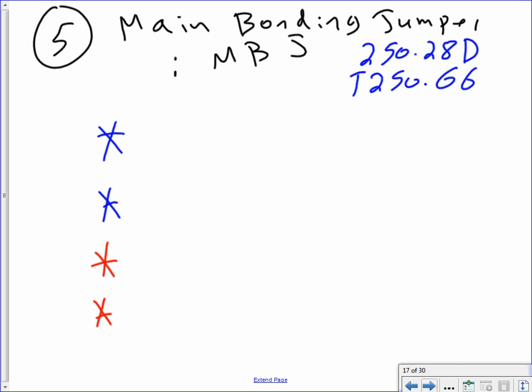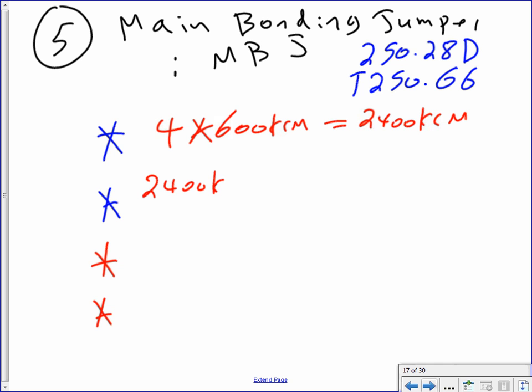Since I have 4 sets, multiply the 4 sets by 600 kcmil, that will get you 2400 kcmil. Then 2400 kcmil is more than 1100 kcmil. The answer for this is yes.